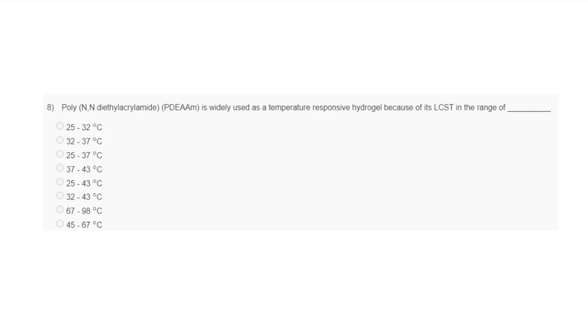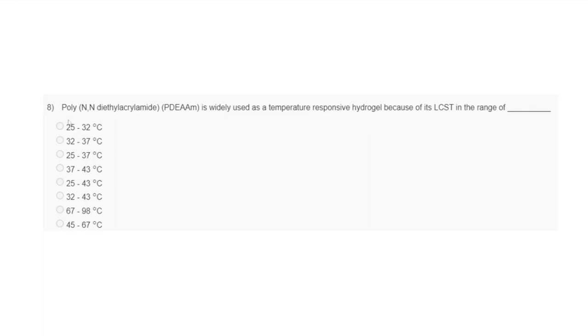This was the eighth question. Poly-N,N-diethylacrylamide, PDEAM, is widely used as a temperature responsive hydrogel because of its LCST in the range of, correct answer would be 25 to 32 degrees Celsius. So it is used as temperature responsive hydrogel because above this temperature, that is above 32 degrees Celsius, it can form hydrogels, and you can form hydrogels in vivo at body temperature, that is 37 degrees Celsius.